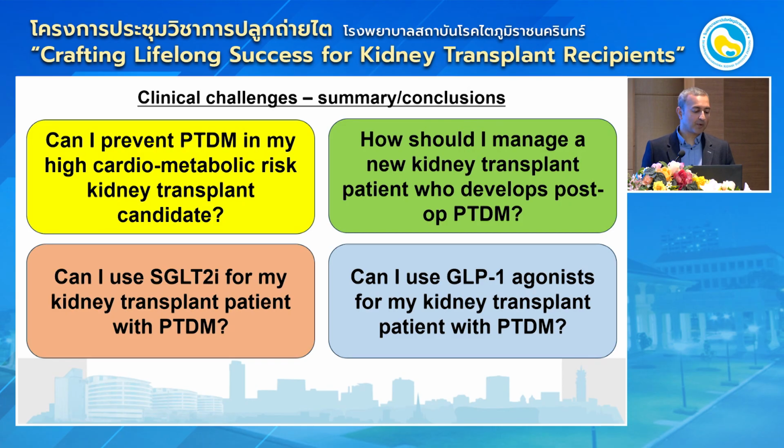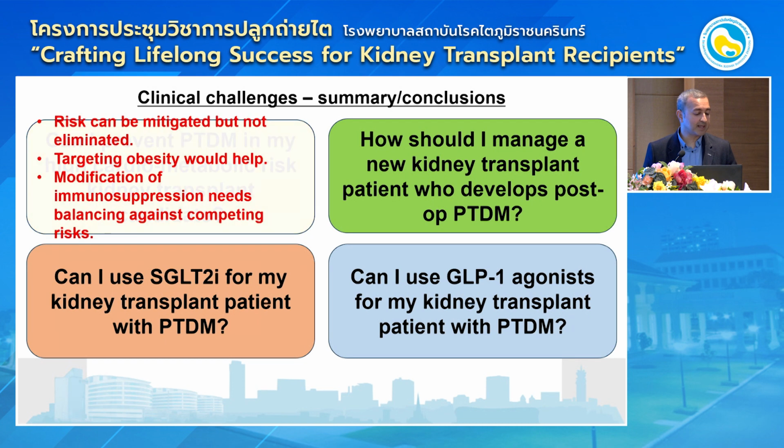So if I summarize the clinical scenarios, can you prevent post-transplant diabetes? You can mitigate risk, but you cannot eliminate the risk. But targeting certain things such as obesity would be really, really important. Thinking about modification of immune suppression, it's important and it can be very useful, but you need to be mindful of all the other competing risks that our patients have.